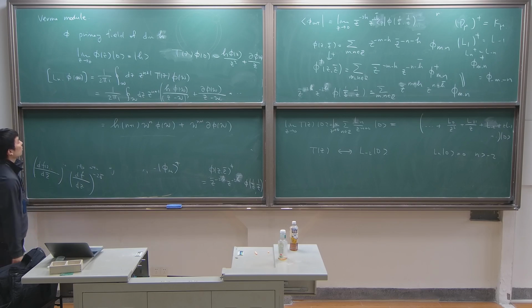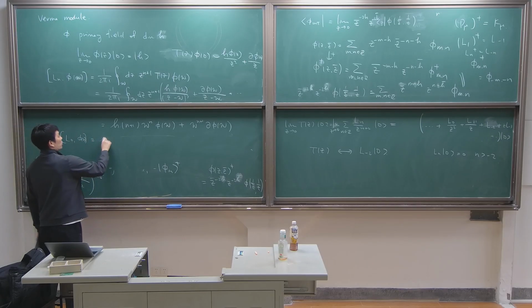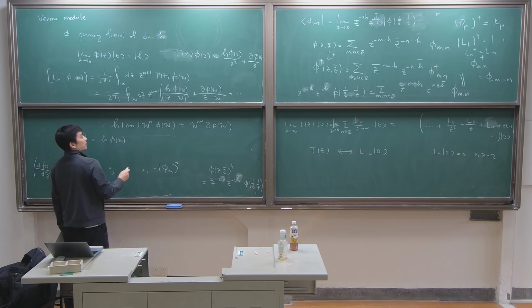Fine. So therefore, if you look at the commutation relation between phi and L0, what you get is h times phi of w, and then this is what's left.